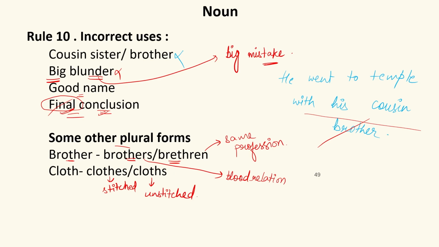Now we have some more kinds of plurals. For example, the plural of foot is feet. The plural of tooth is teeth. The plural of mouse is mice.